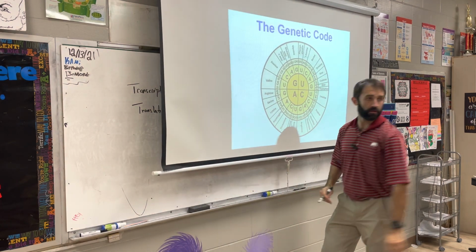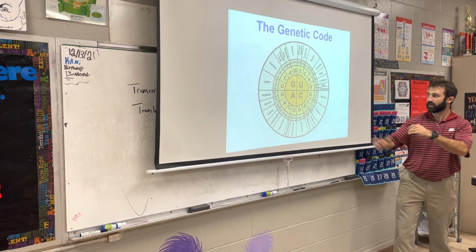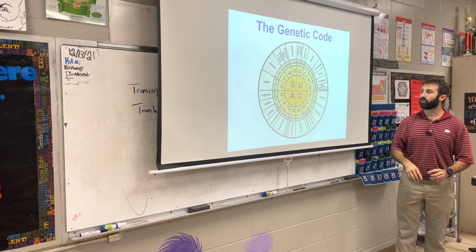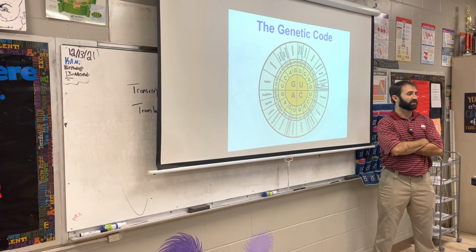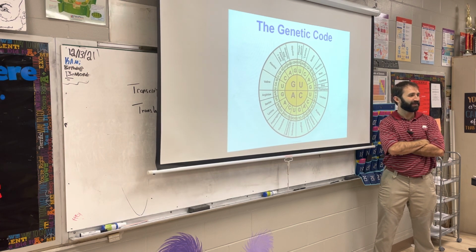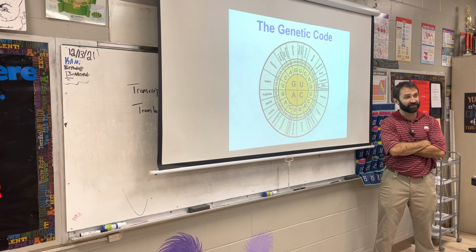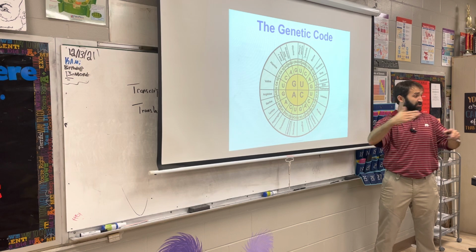Let me just give you one here. You tell me what the amino acid would be. These are the amino acids, there are 20 of them. What about UGA? Stop. It's a stop codon. That's not an amino acid. Stop codon means that translation is over.